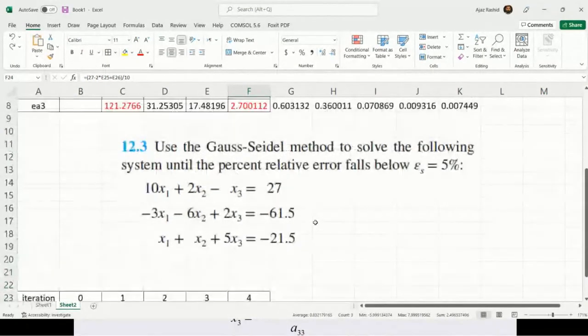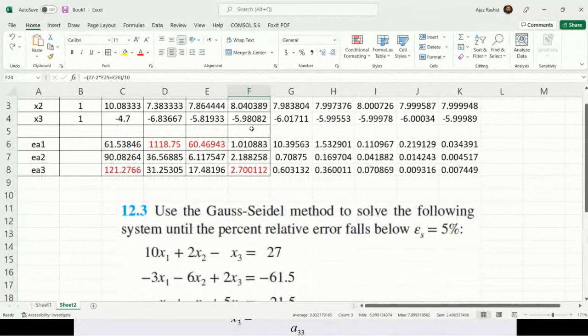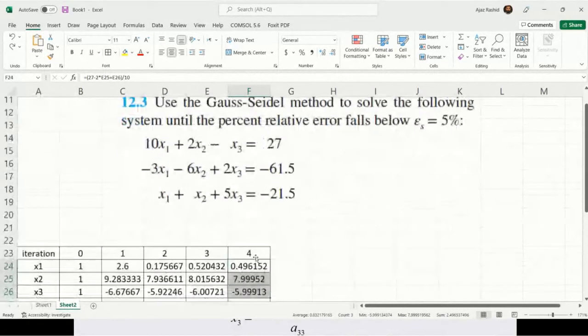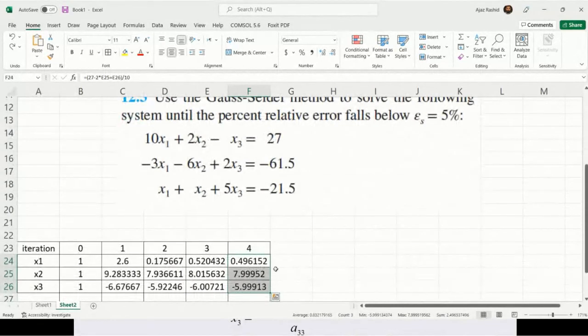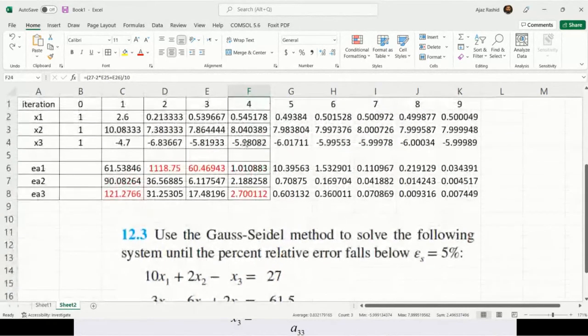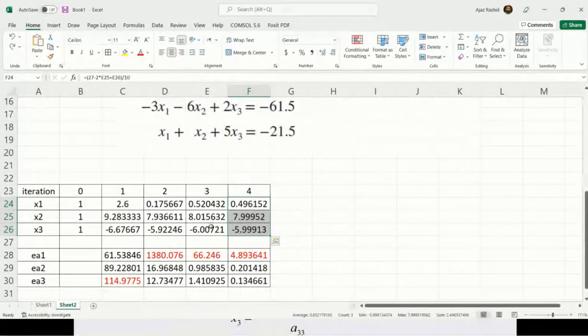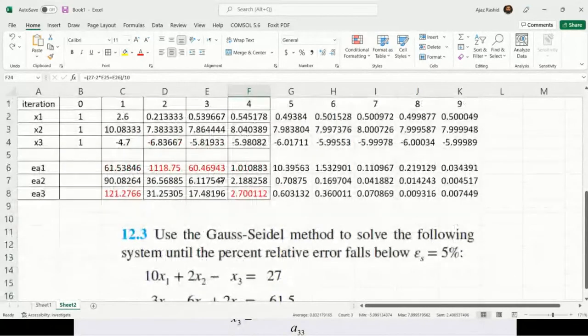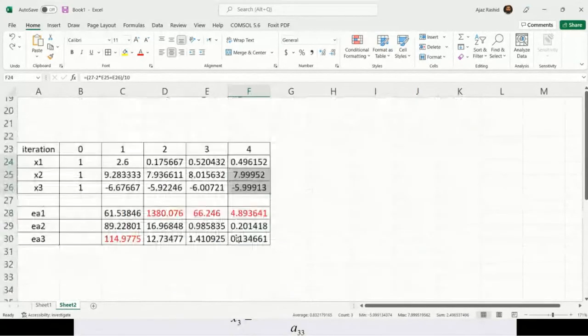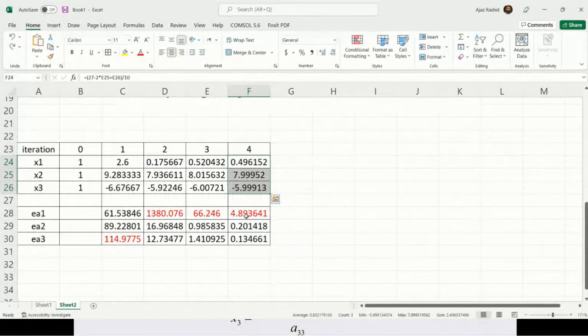And this is minus 5.999. This is 5.98. So this solution is much closer to the true value than the solution that we had here. Even this is maybe closer than this solution. But we are stopping based on the 5% stopping criteria. So that's the answer that we get.